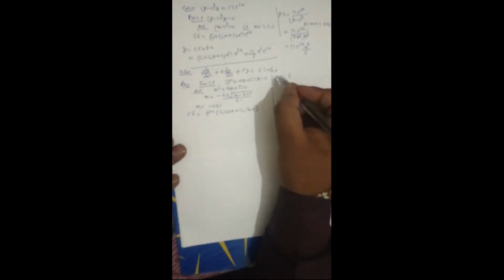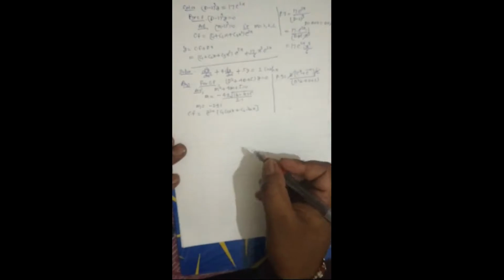Now PI equal to 2 times cos hx, which can be written as e to the power x plus e to the power minus x upon 2, over D square plus 4D plus 5. The 2 cancels with the 2. Then PI can be written by putting D equal to a.